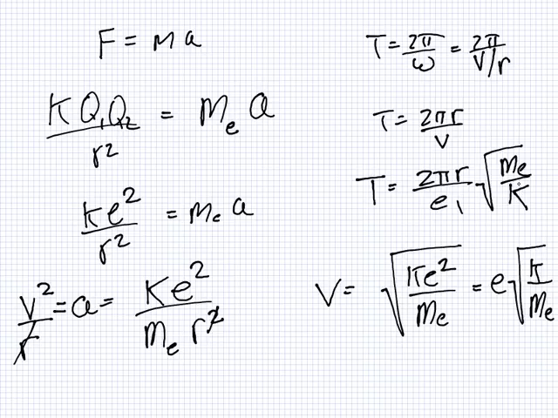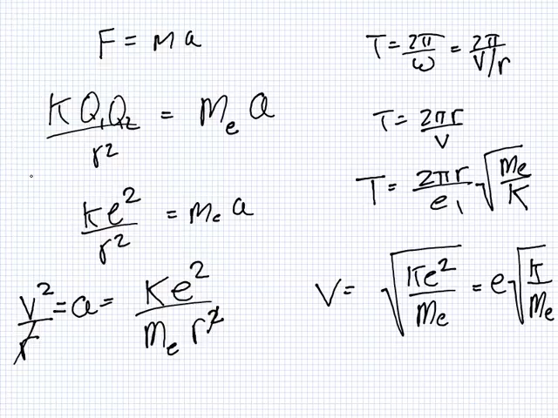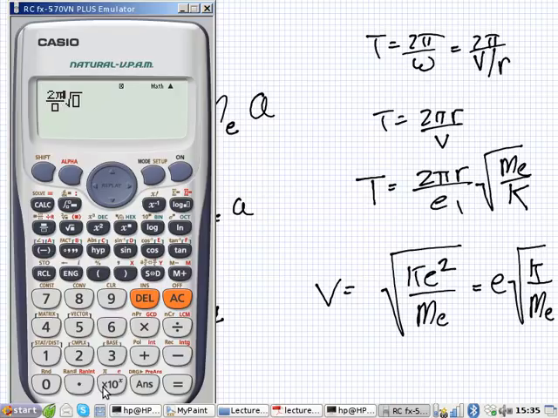I just did it this way so that I wouldn't have to type things into the calculator more than once. So we have a fraction and a root. On the top is 2 pi, and the R is 0.2 nano. On the bottom is e, which is 23 on the calculator. The charge, e, not the mass.